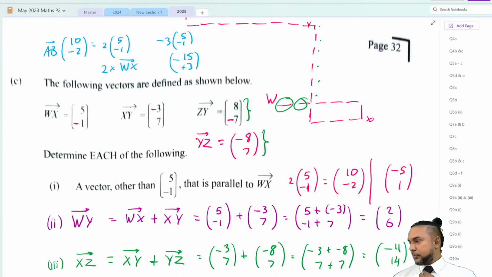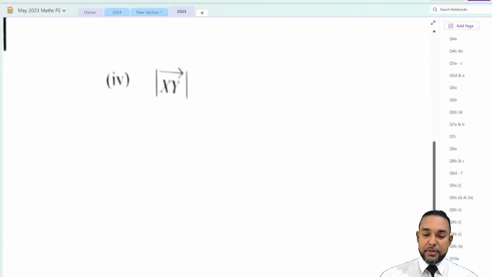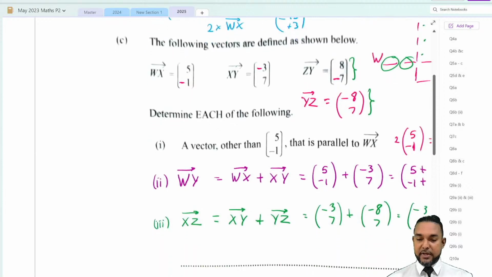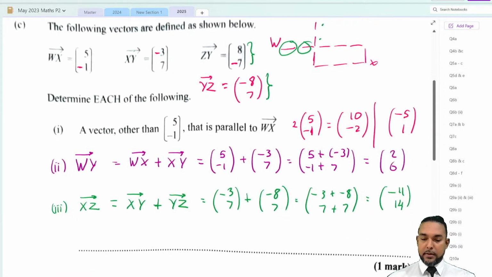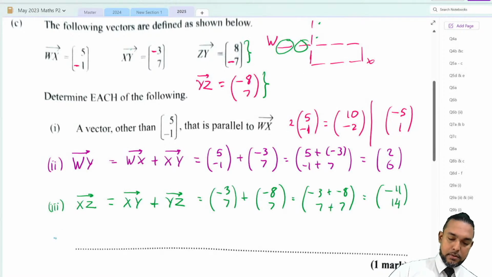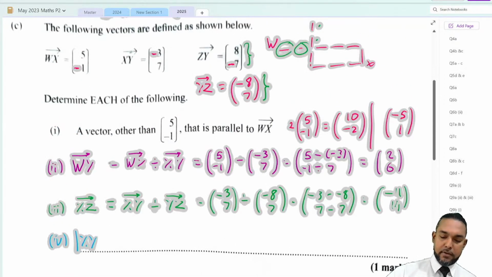All right. Okay. We have one more piece, which is this thing where X and Y are between two vertical strokes. Now what that means is they want the magnitude of that. I'll go back on this page because that's where X and Y is. All right, so the last thing they want us to do is the magnitude of vector XY.